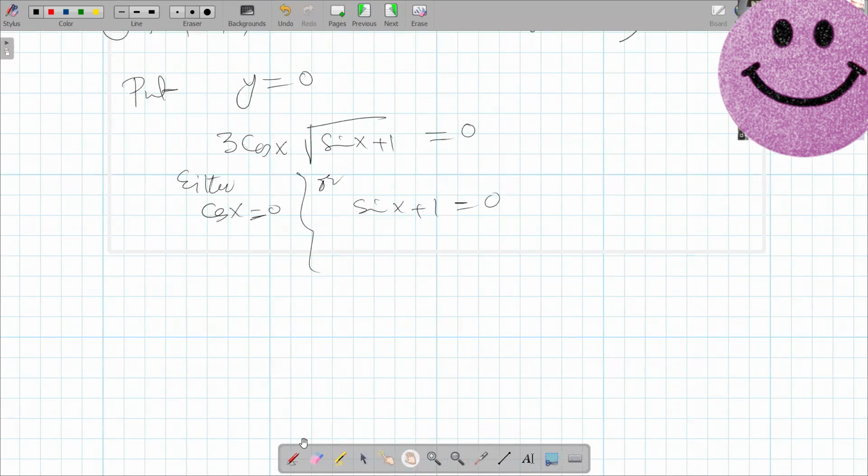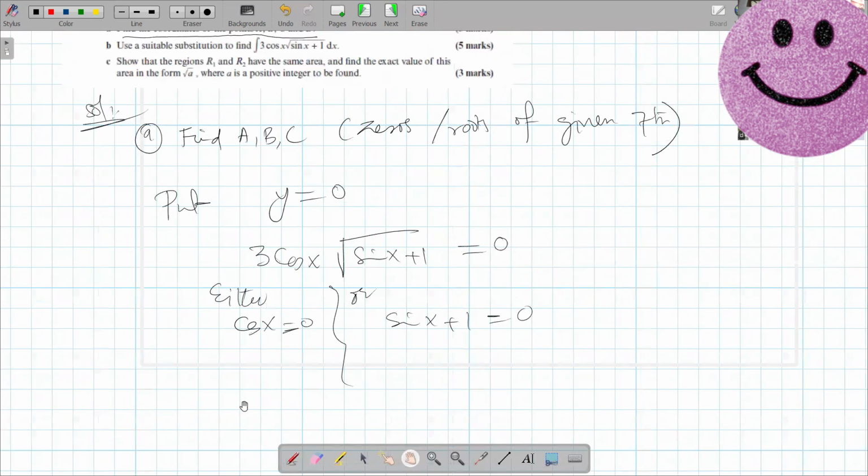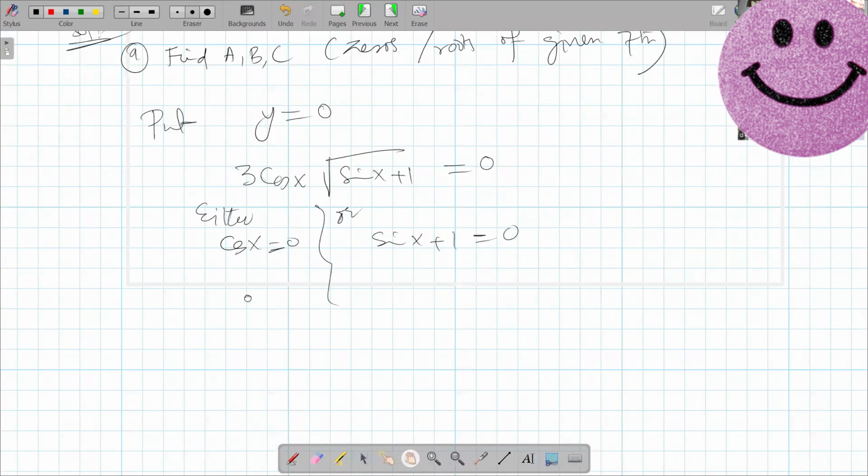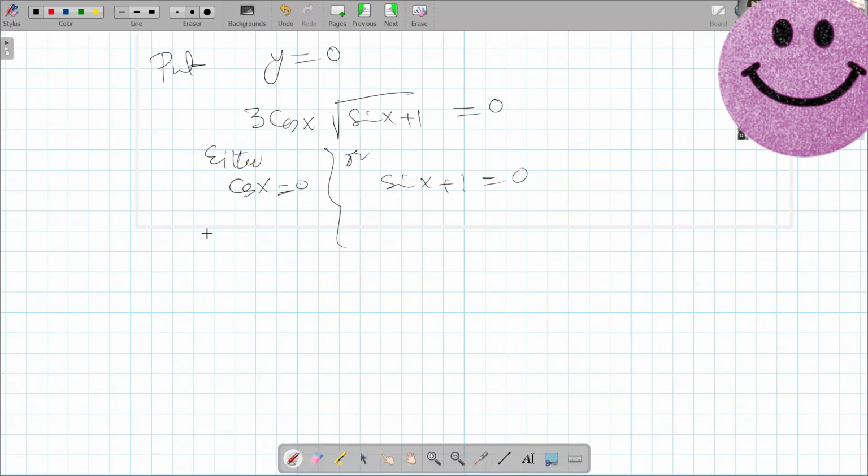On which points, in radians, is cos x 0? Cos inverse 0, pi over 2. So one value of x is pi over 2.